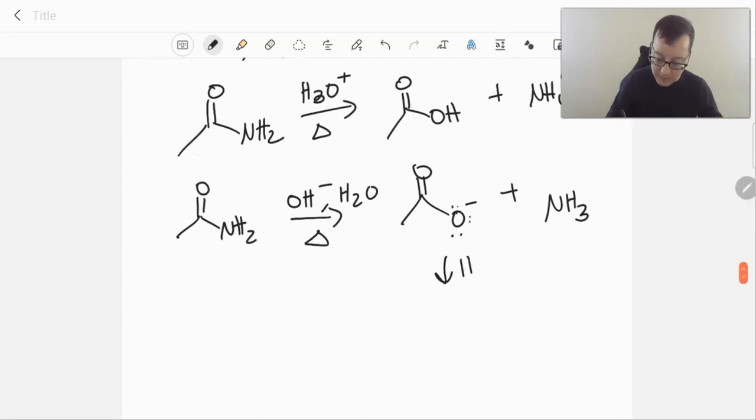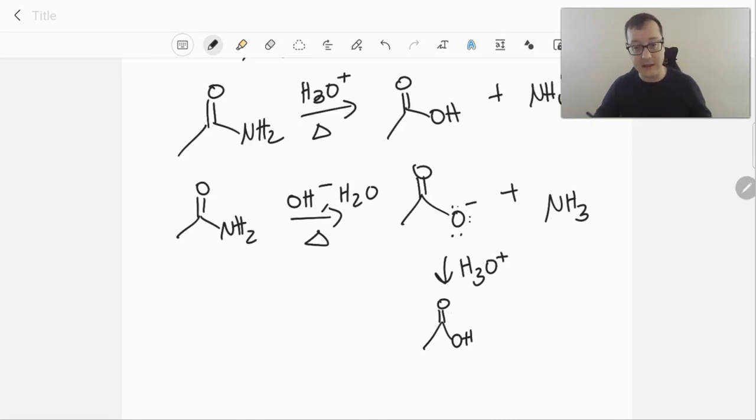So if you really want the carboxylic acid, you need to do your first step as the base hydrolysis, second step an acid wash will get you your carboxylic acid. And that's done in the workup of the reaction, so afterwards. So, pretty exciting, as we know. Hydrolysis is always the fun part of this. They follow the same mechanisms as all the other hydrolysis, either acid or base, that we covered last week.